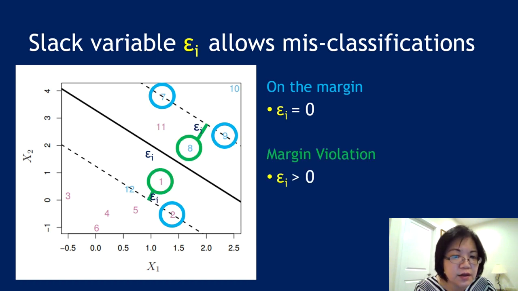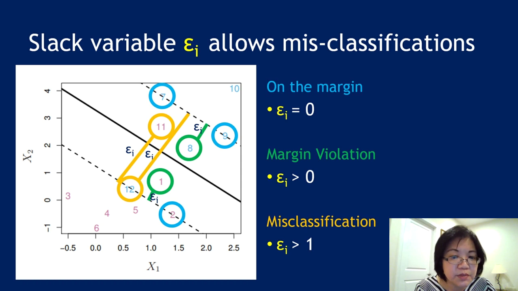For margin violations, epsilon is greater than 0, so epsilon measures the distance from the data point to the margin. When you have a misclassification, that means you've crossed the line, because the margins are standardized to be -1 and 1. So when the data point crosses the hyperplane, you have an epsilon that's greater than 1.